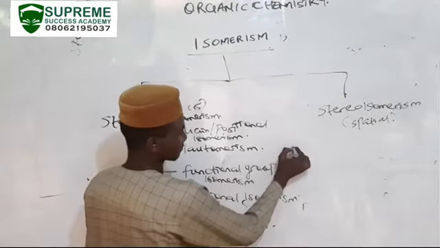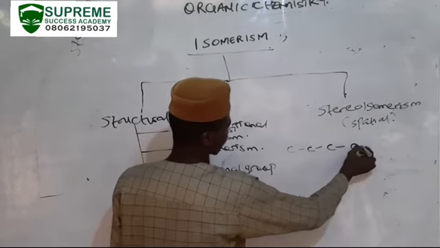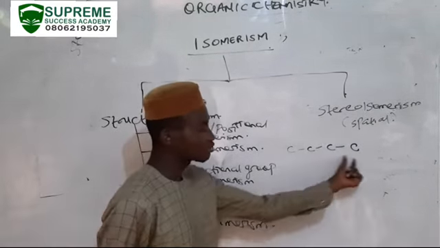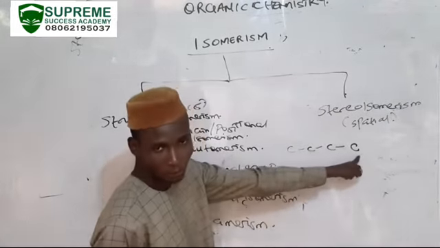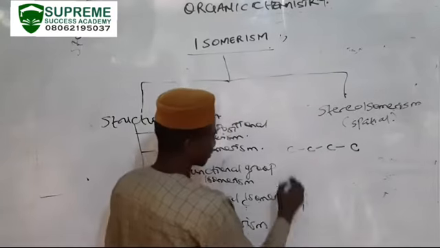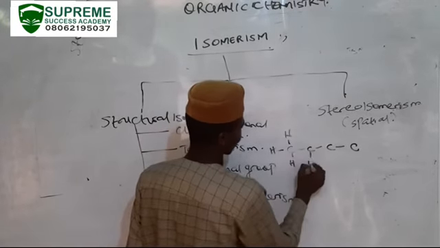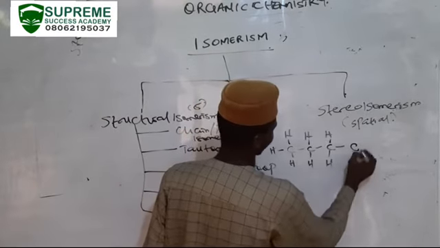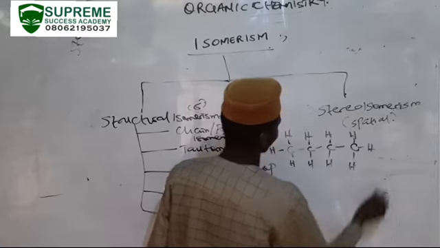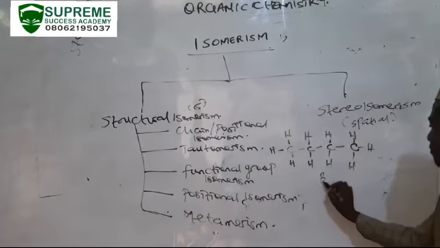Look at this. This has a chain length of 4 carbon, because there are how many carbon? 1, 2, 3, 4. This compound is referred to as butane.